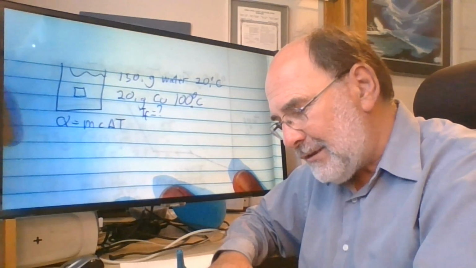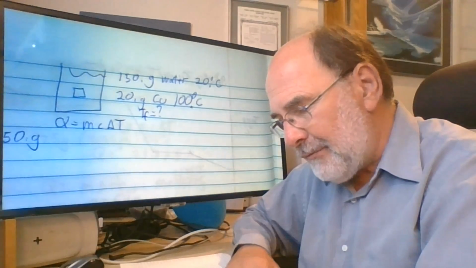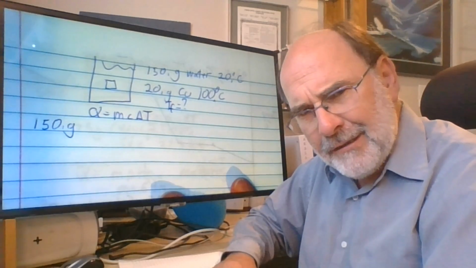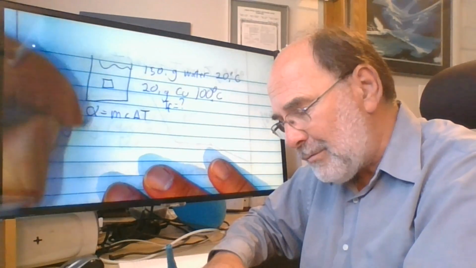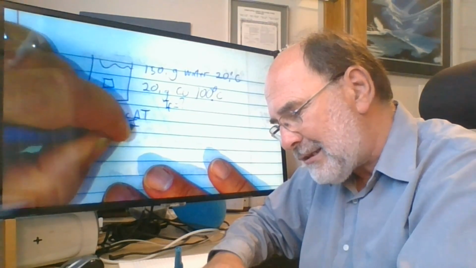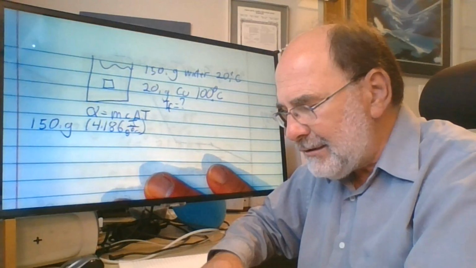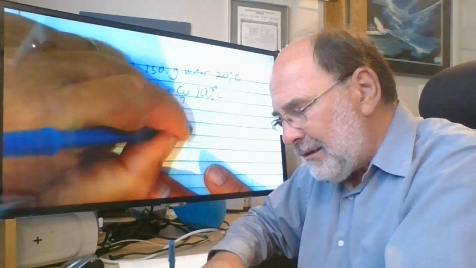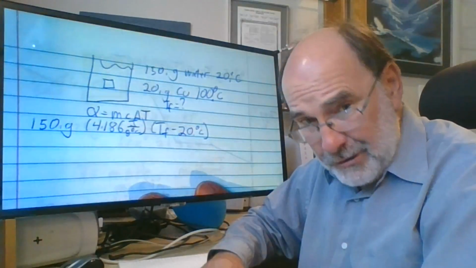So 150 grams of water, and I have done this so many times now, right? I've kind of memorized the specific heat of liquid water is 4.186 joules per gram per degree Celsius. And the temperature is going to be, open parentheses, final temperature minus the initial temperature of the water, which is 20 degrees.